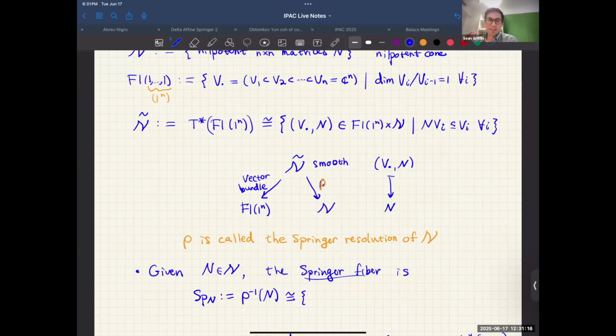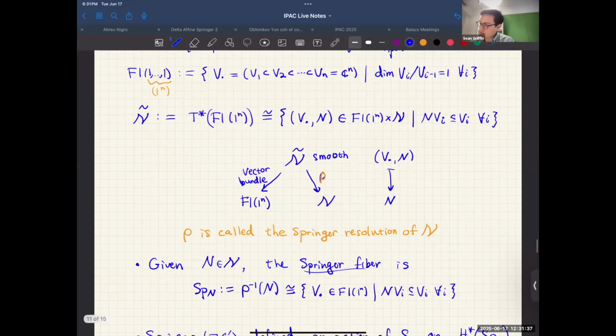And since we're fixing the nilpotent, we can just run over complete flags. So it's the space of all complete flags such that for this particular nilpotent, the nilpotent sends each piece of the flag into itself. So now we get a subvariety of the complete flag variety, a closed subvariety.